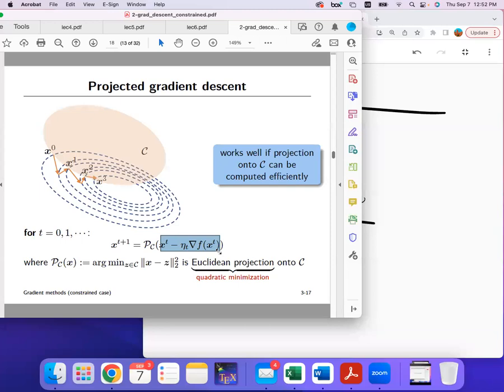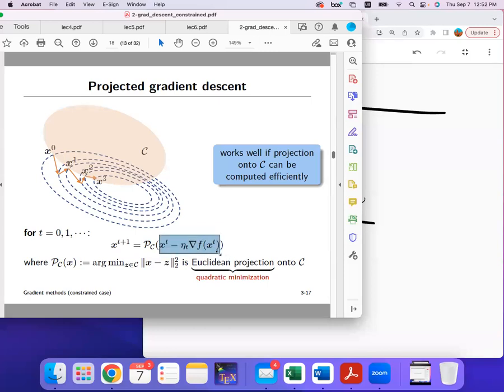So a very simple idea is that after every gradient update, I just use some operation to pull it back onto the constraint set. And this can be done by using this projection operator. So this projected gradient descent is a very straightforward extension of gradient descent. We first do a gradient descent update.